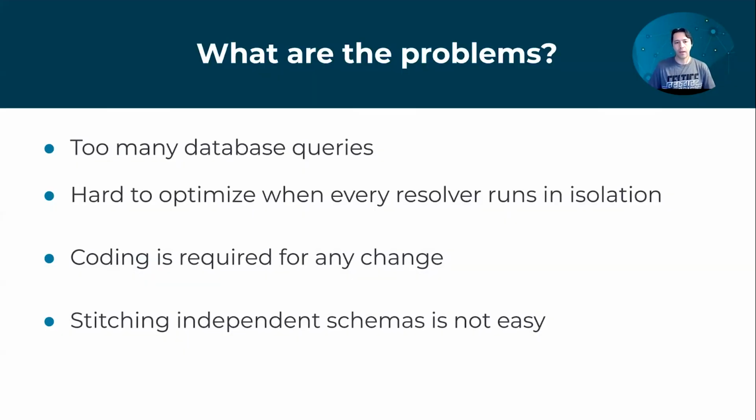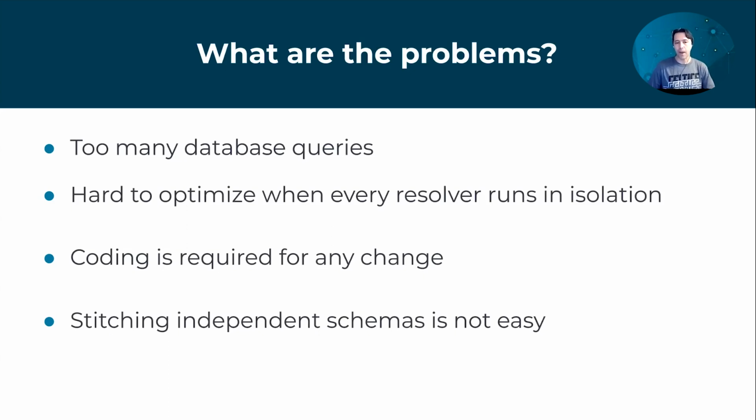But there's a problem with this kind of approach: when the client sends a single GraphQL query to the server, the server itself might have to run lots of database queries to pull the data from those data sources.